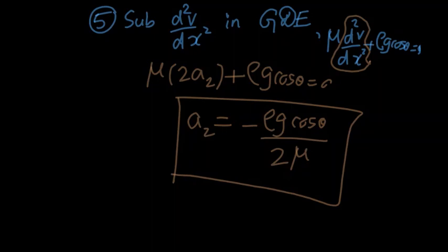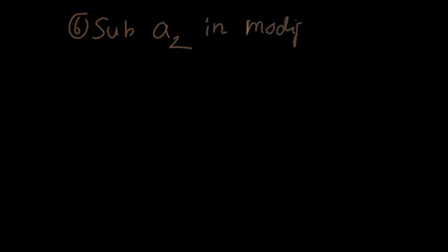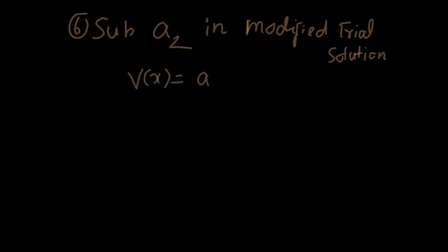So here we go. The next step, substitute, which is step number 6, you may wish to call. Substitute a2 in the modified trial solution. Our modified trial solution is v of x is equal to a2 into x square minus L square.